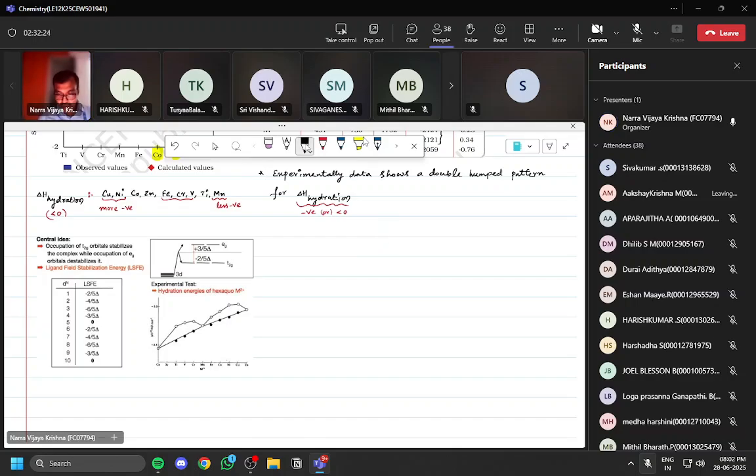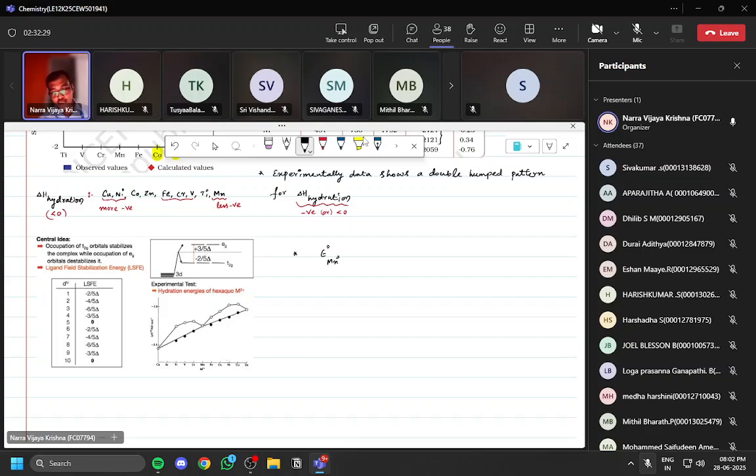Now, the E0 reduction of Mn+3 to Mn+2 is more positive than Cr+3 to Cr+2 and Fe+3 to Fe+2 due to high delta H3.